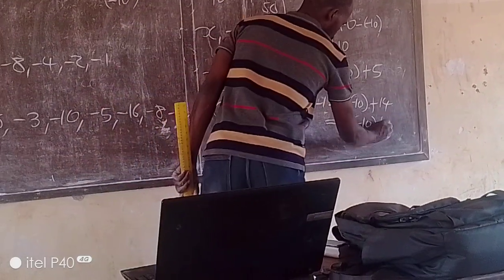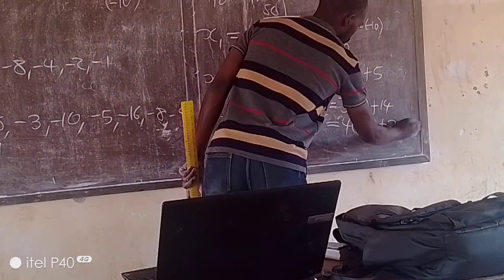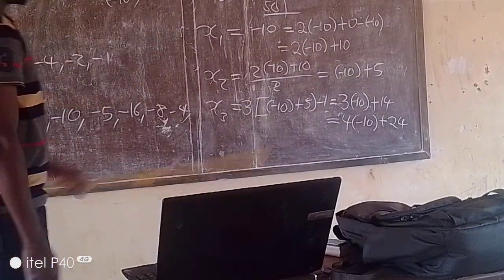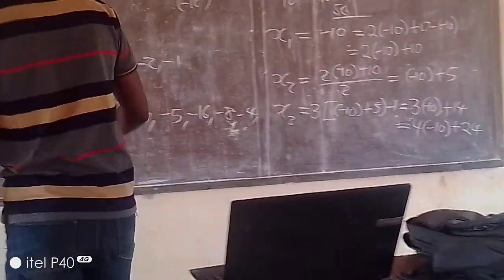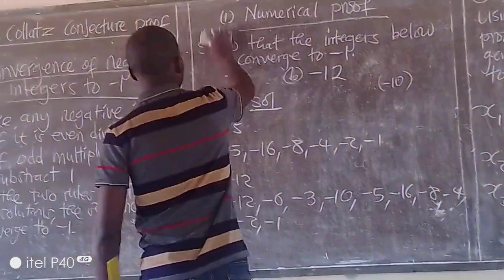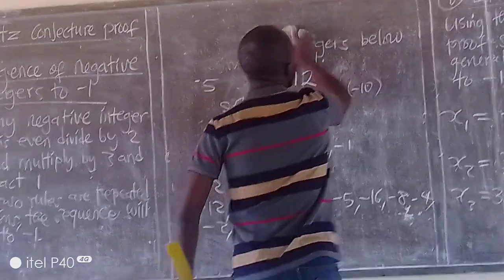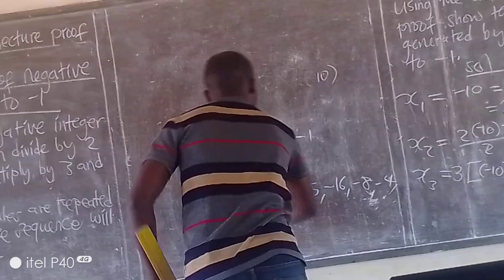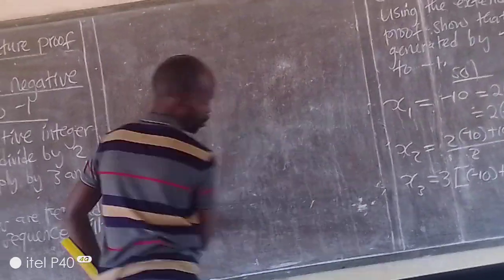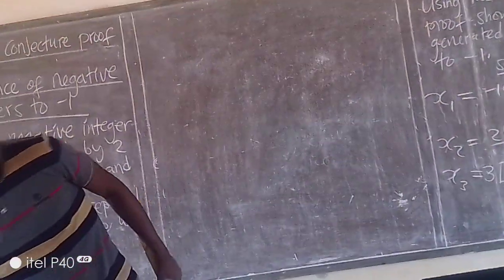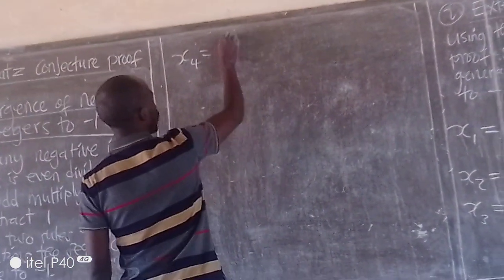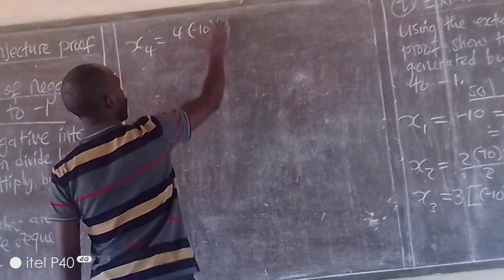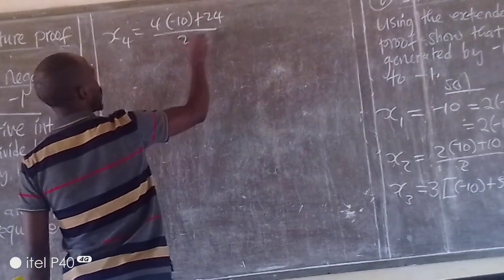That will give us positive 24. That will be used to find the next term in the sequence. So our x4 will be equal to 4 times negative 10 plus 24, divided by 2.